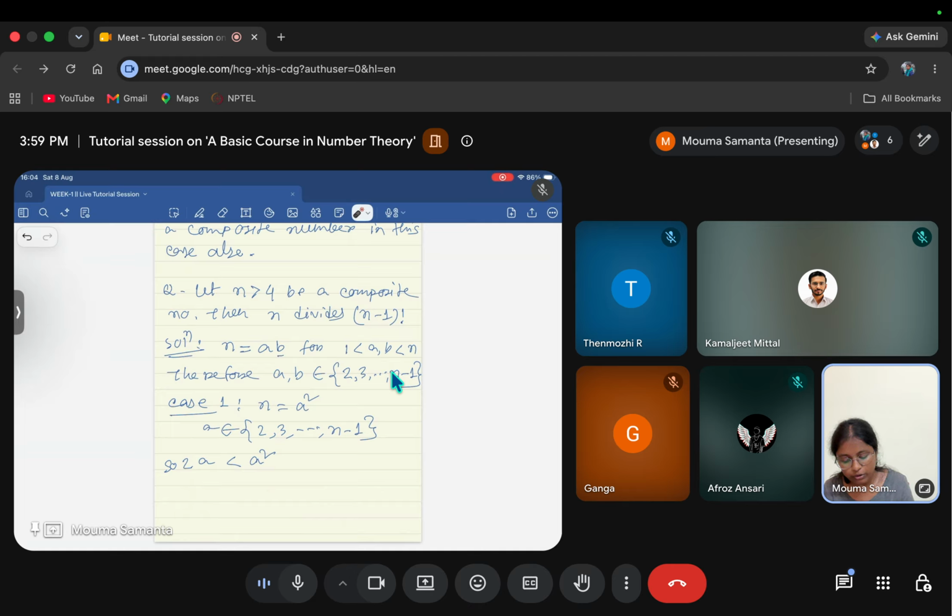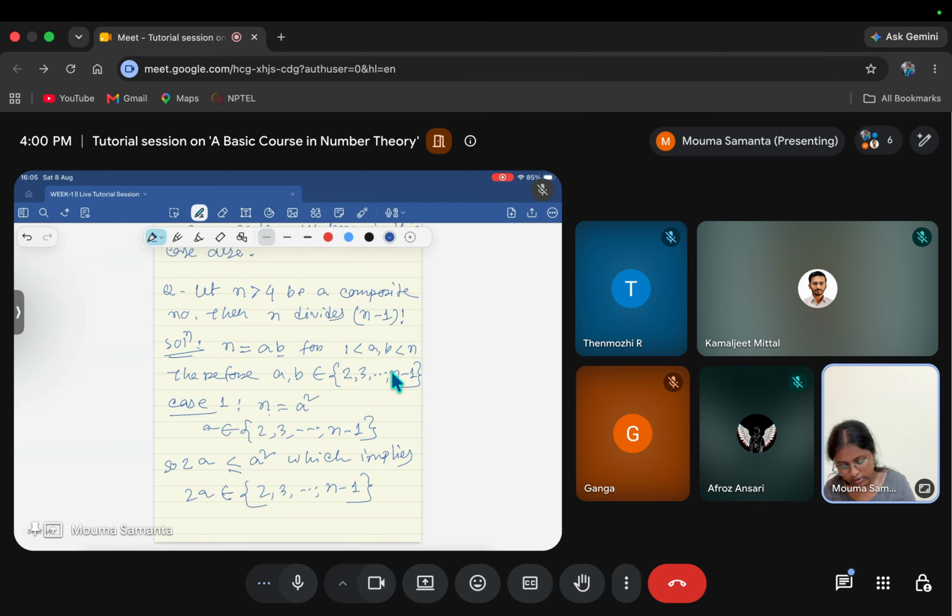Now a belongs to 2 up to n minus 1, so from here what we can say is 2 times a is obviously less than or equal to a square, up to n minus 1.